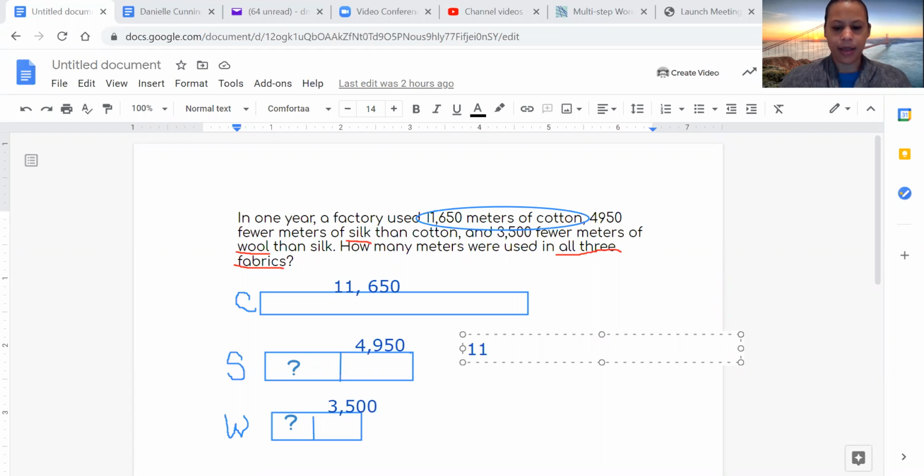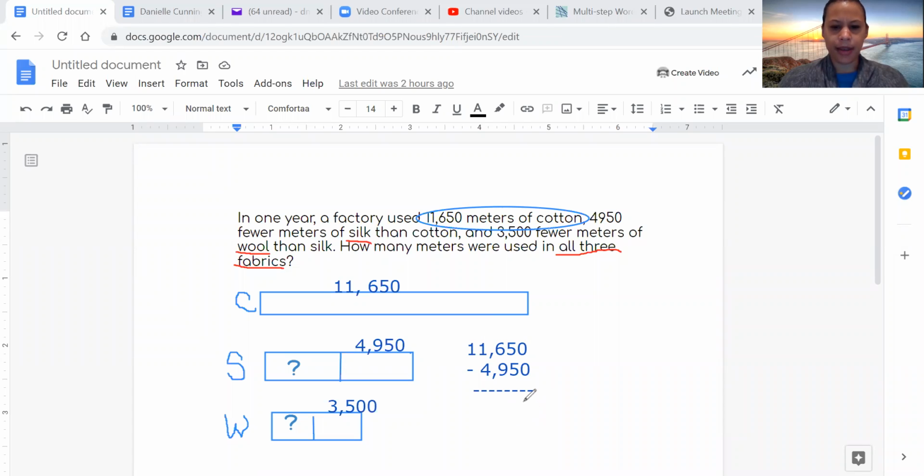And it would be 11,650 minus 4,950. And you can pause your recording if you needed a few minutes to solve it. I was solving it here.